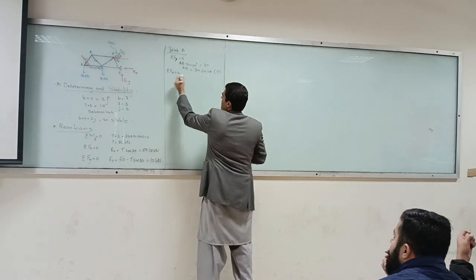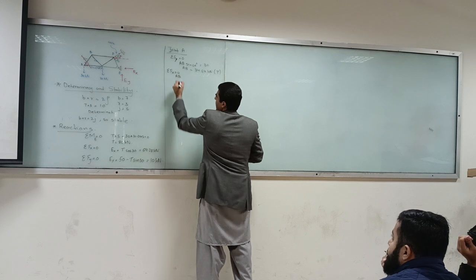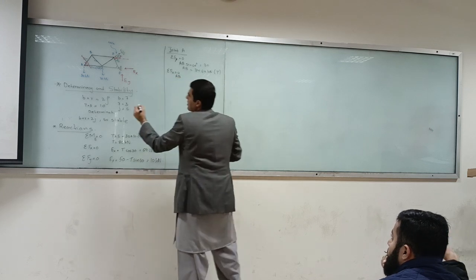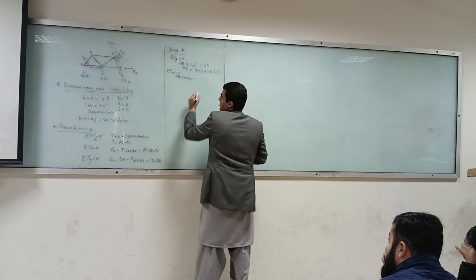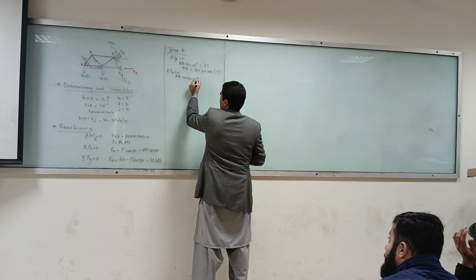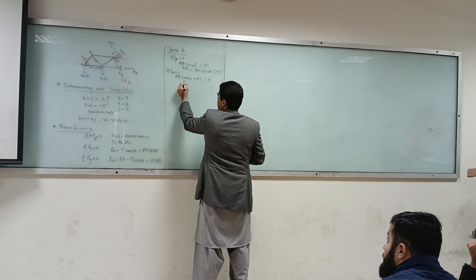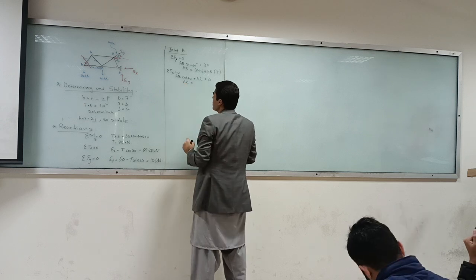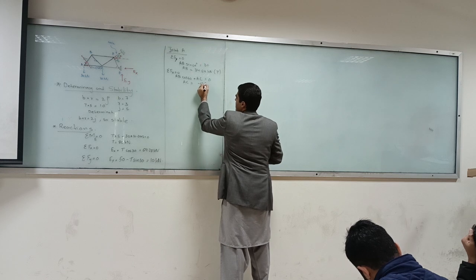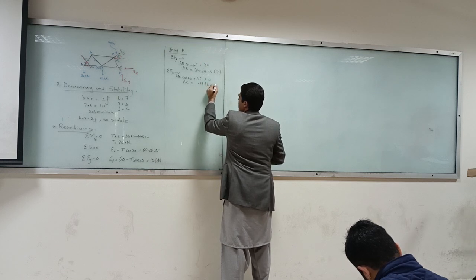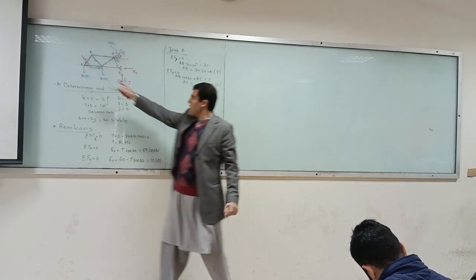AC plus AB cos 60 is equal to 0, and AC will be equal to minus 17.32 kilonewton, and that is in compression, and it makes sense that this member is in compression.